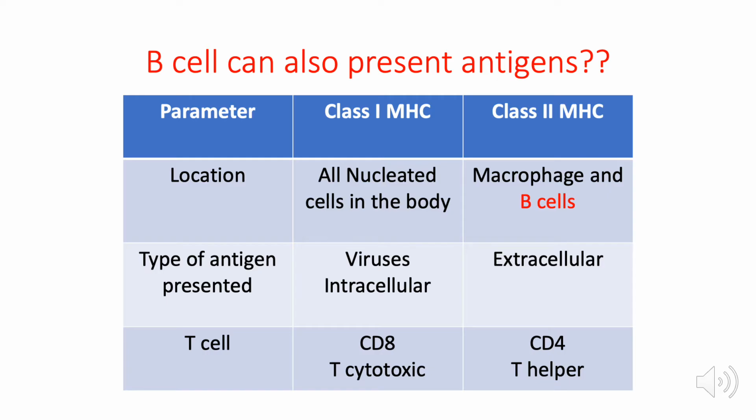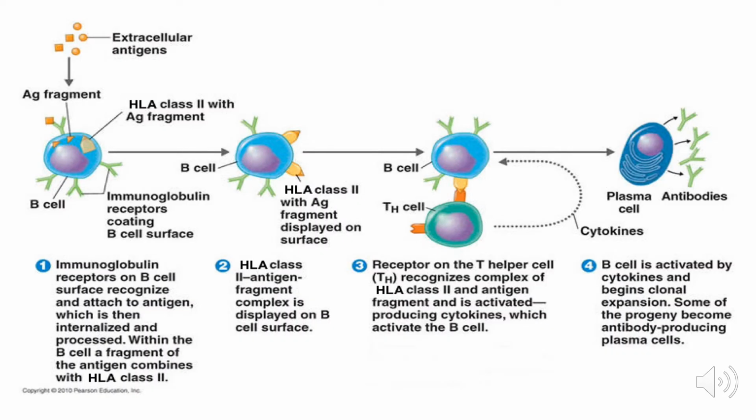You have learned a while ago that aside from monocytes and macrophages, B cells can also present antigens using class 2. Can B cells really present antigens to T helper cells? Yes. B cells are known to have surface antibodies or surface immunoglobulins, and we will discuss that later on.